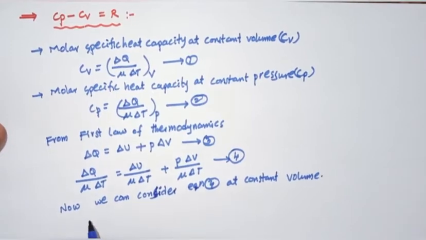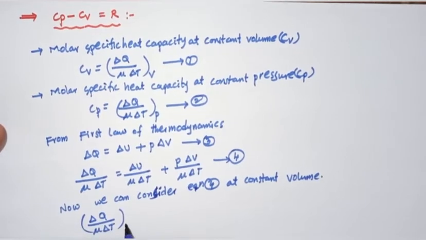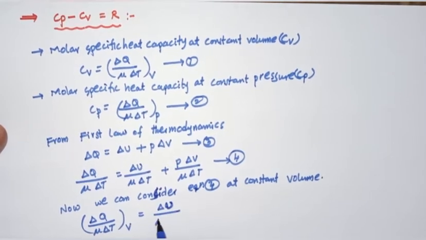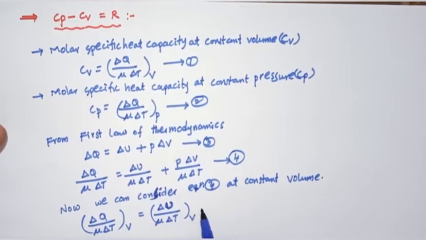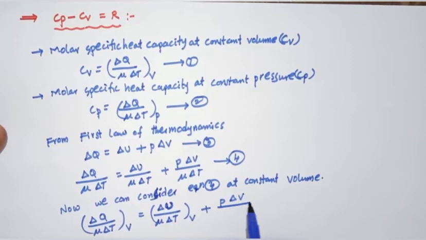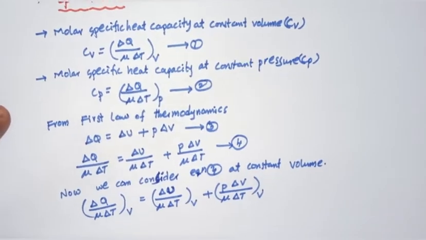At constant volume, delta Q by mu into delta T equals delta U by mu into delta T at constant volume plus P into delta V by mu into delta T, also at constant volume.